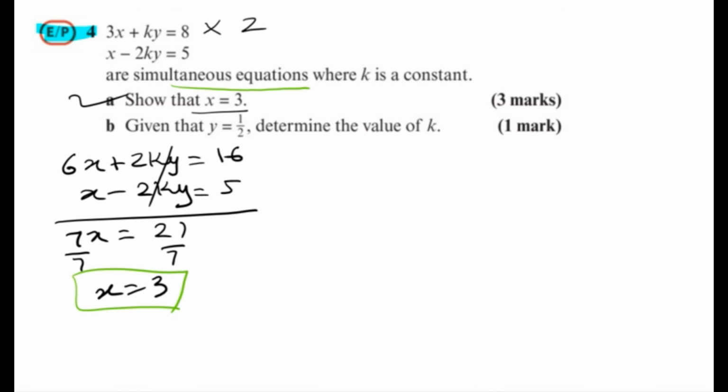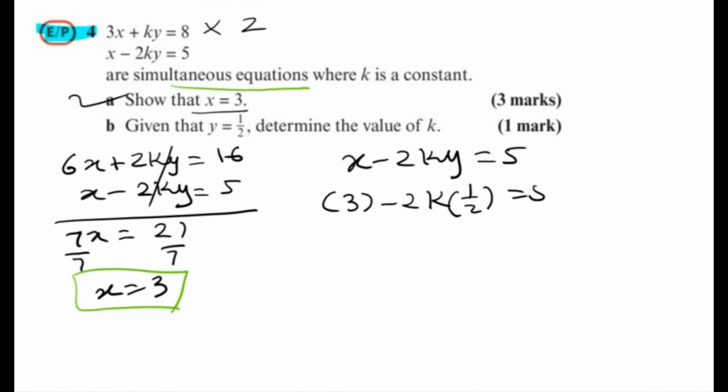Now the B part is, given that y is equal to half, determine the value of k. For that, first what I have to do is use any equation, because I know x, so I can use any of these equations. So I am using this equation, x minus 2ky is equal to 5. I will substitute 3 as x and y as half, is equal to 5. Simplify it.